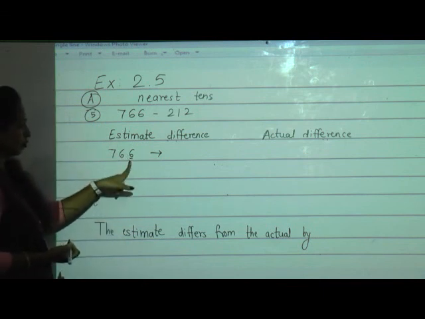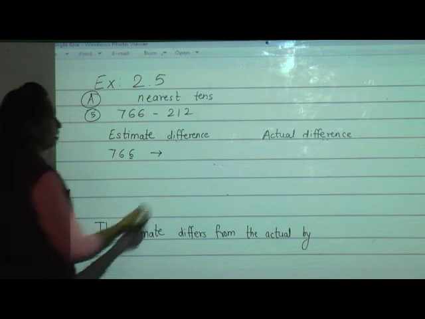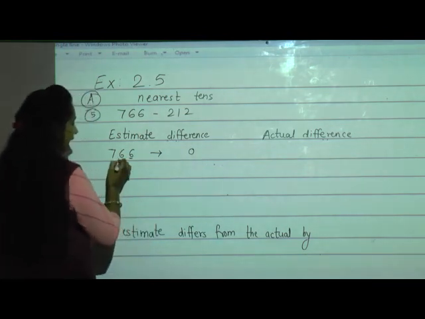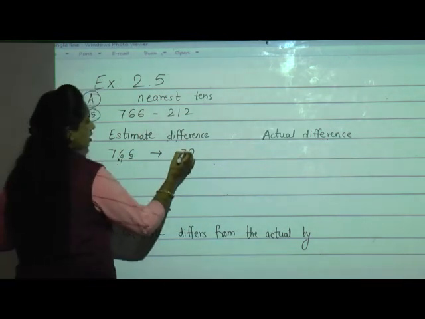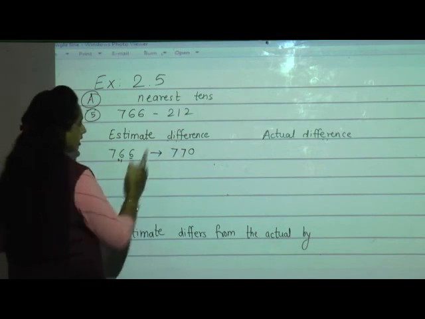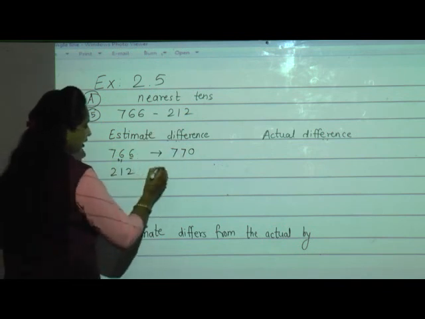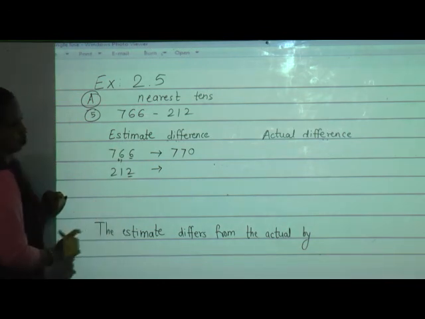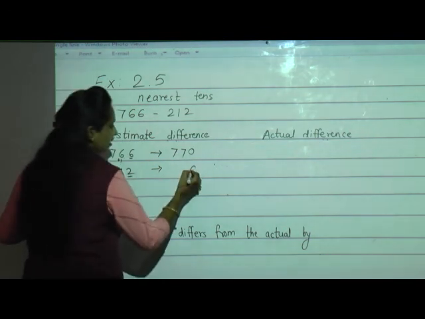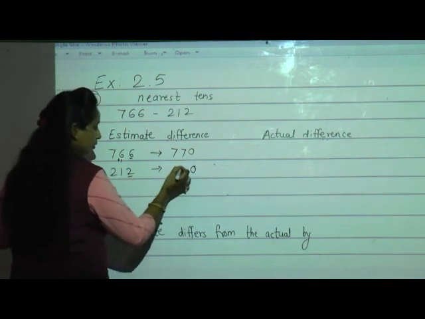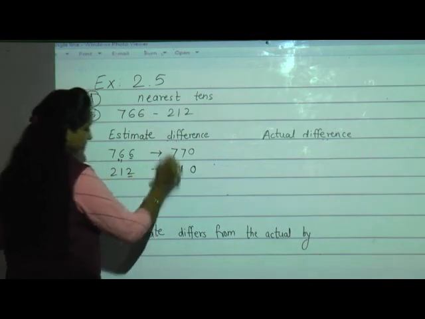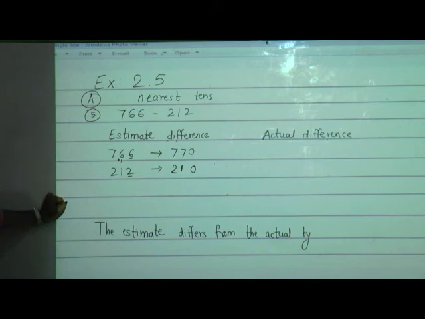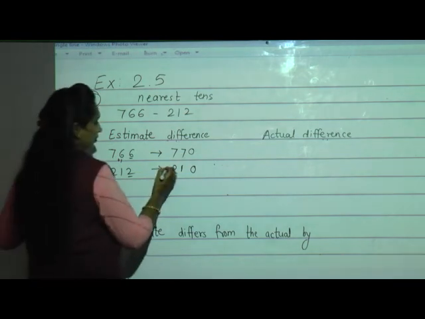If it is 5 or more than 5, of course it is more than 5, so place the 0 at ones place and add 1 to the tens place. 6 plus 1 is 7 and 7 as it is. The next number is 212. So underline the ones place. It is 2, so less than 4. So place the 0 at ones place without changing tens place and hundreds place.